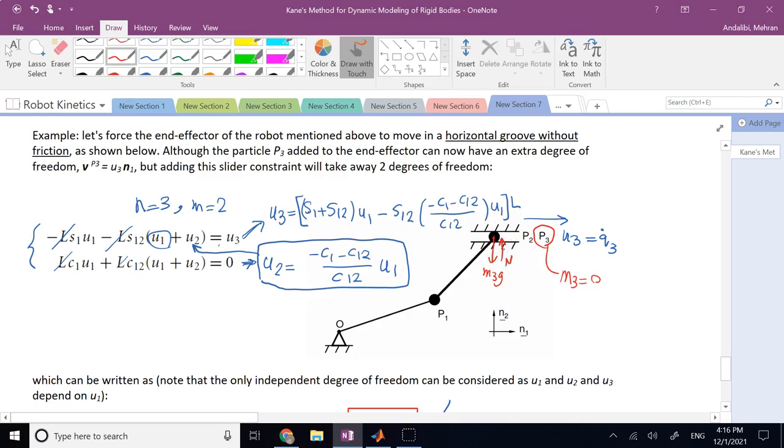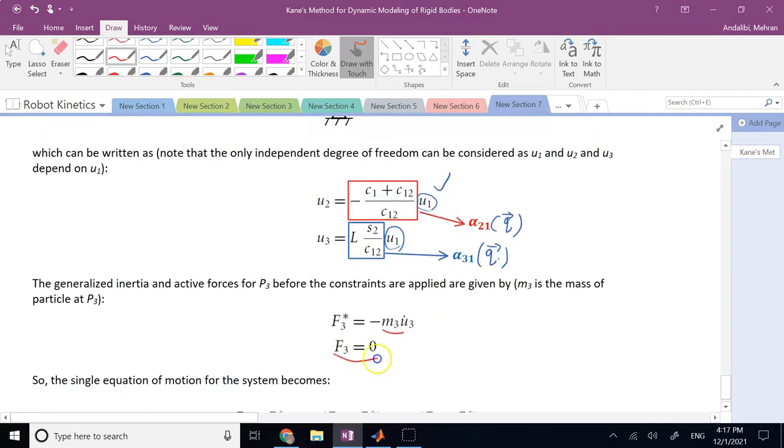The only force that could have existed and had any contribution as a general active force was friction, which would be in the same direction as U3 or opposite to that. But here I said there is no friction in the groove, so that's it, and therefore there is no active force.